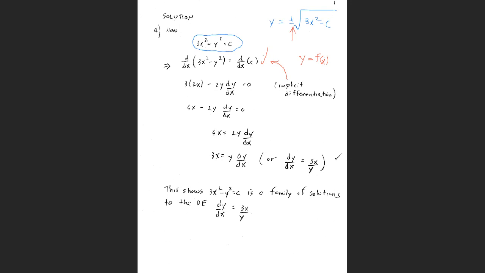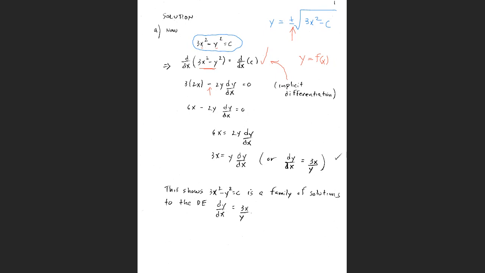I mean, if you give me an x value, I'll give you a y value. Given some x, we can solve for y. So we differentiate both sides of the equation. The derivative of a difference is the difference of the derivatives.